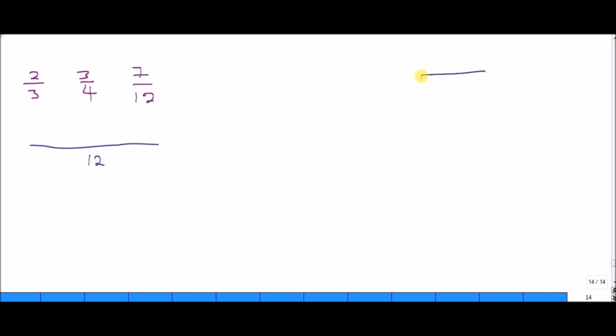Let's prove this again. 3, 4, and 12, starting with 2. 2 cannot go into 3 without leaving a remainder, so I write back 3. 2 can go into 4 2 times, and 2 can go into 12 6 times. I continue with 2.